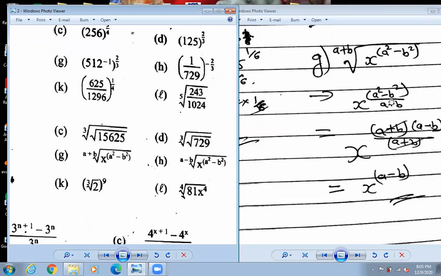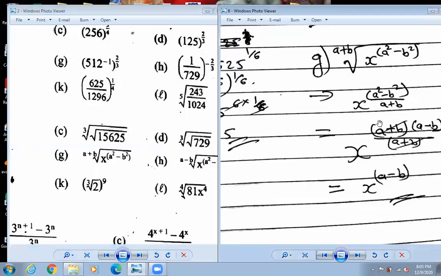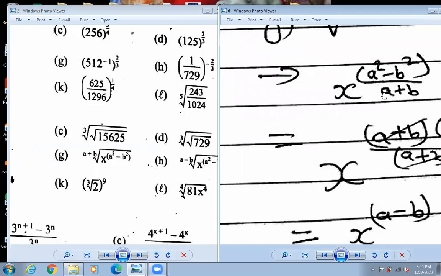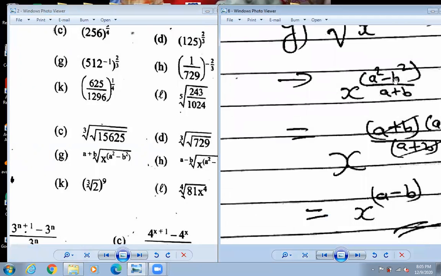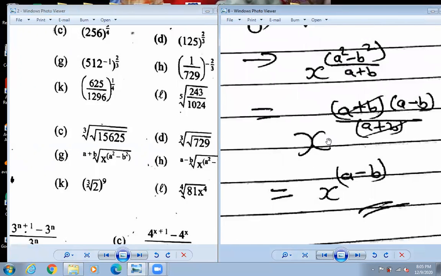Divide means write it below. Divide by X plus A, sorry, A plus B. So X must be written bigger and this must be written smaller. The power must be written a little bit smaller and this a little bit bigger.